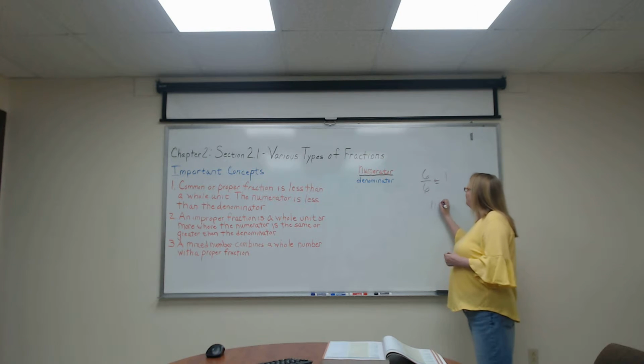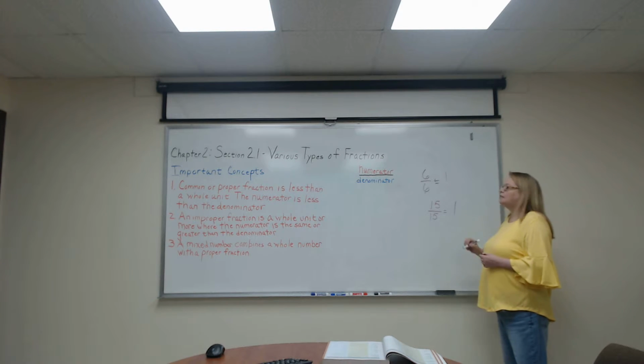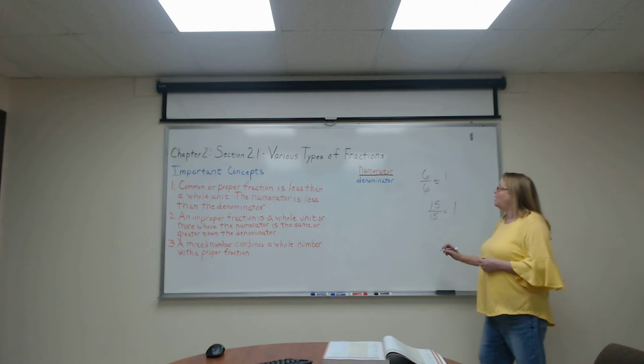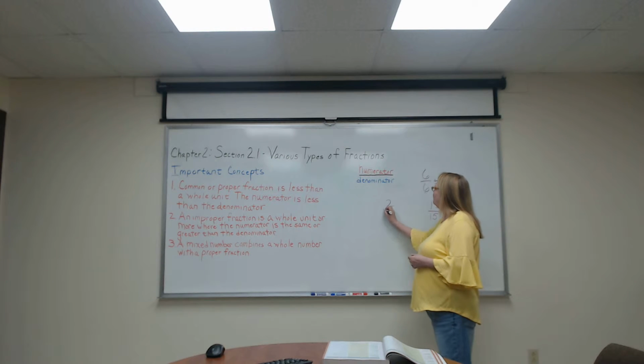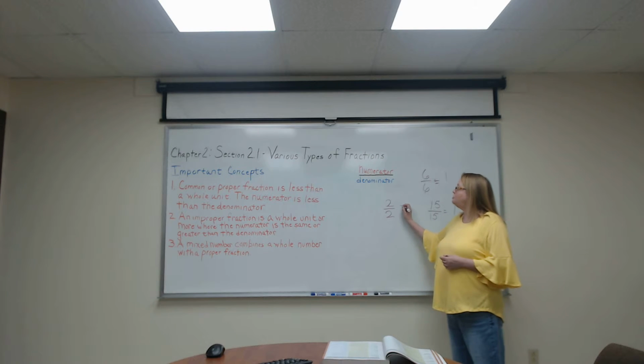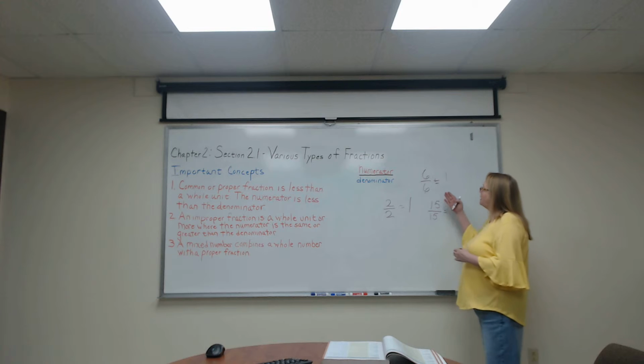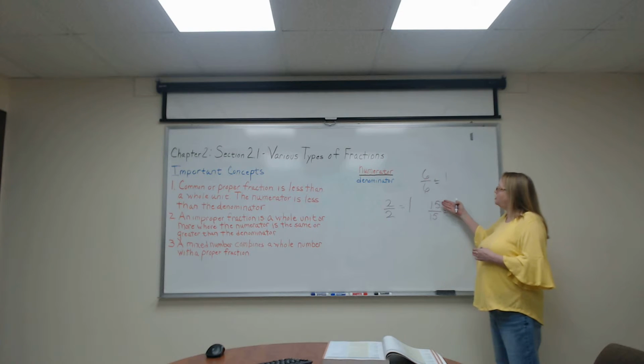So if I have 15 divided by 15, or 15/15, I have 1 whole. If I have 2/2, 2 divided by 2 is 1. So when we see a fraction such as this, it's an improper fraction.